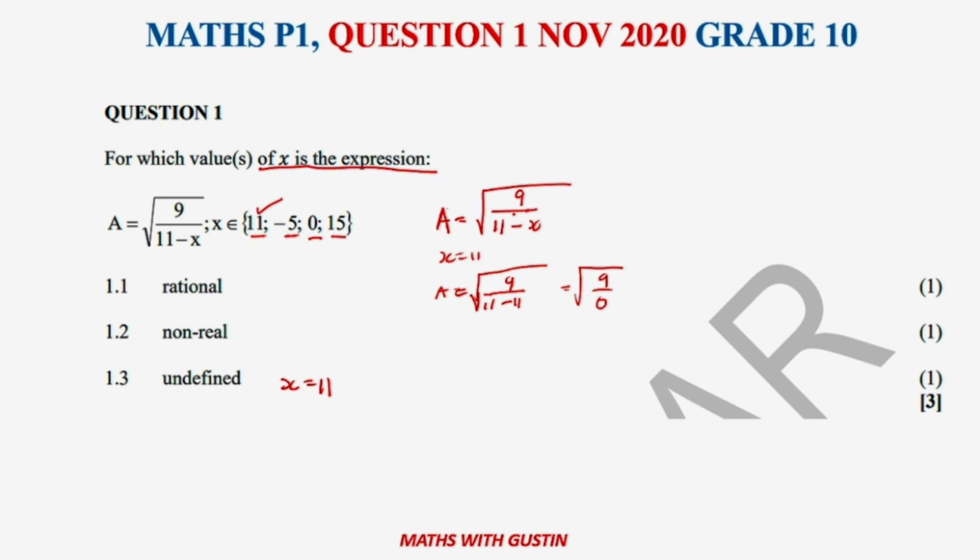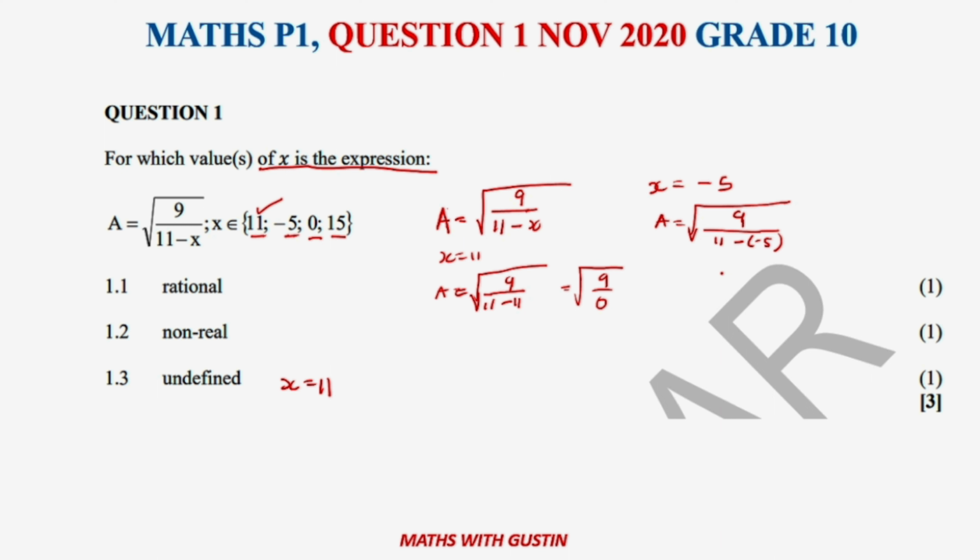All right, good stuff. So now let's come here and then we'll say, okay, what will happen when x is equals to minus 5? And therefore you are gonna come here and substitute there, say 9 all over the square root of 11 minus minus 5. There you go.